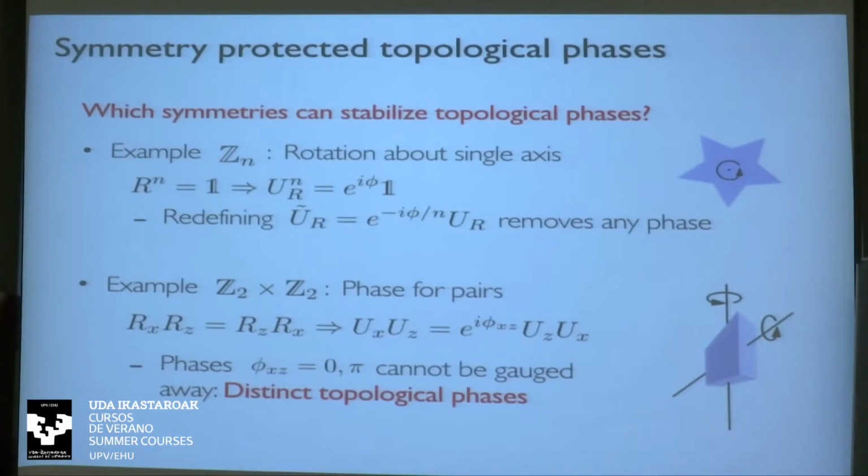But I can now just choose my prefactors in such a way that Ux squared equals Uz squared equals identity, so that the phase is trivial. Right? So now I fixed those.